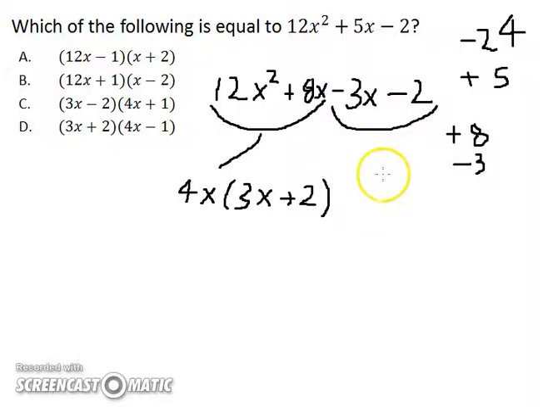And then the second part, we can factor out a negative 1, and that leaves us with 3x plus 2.